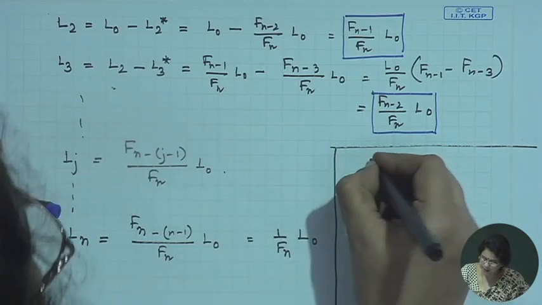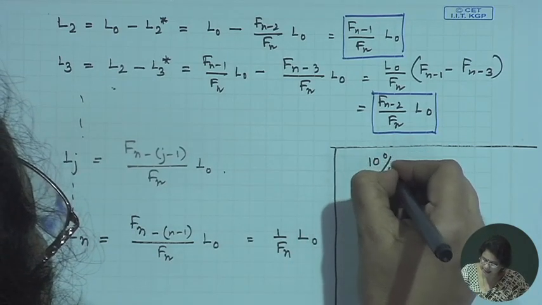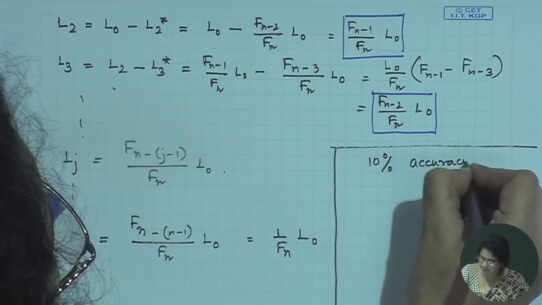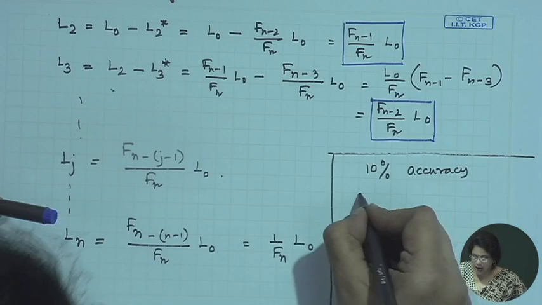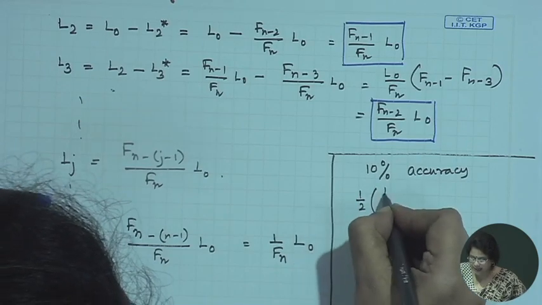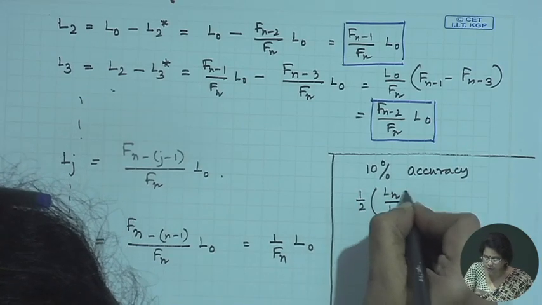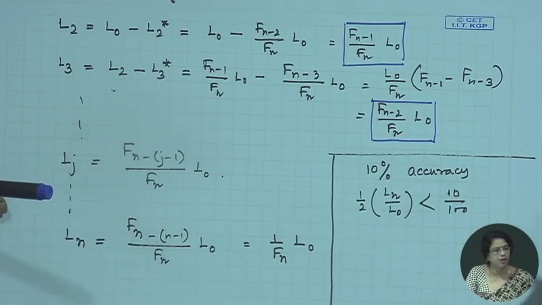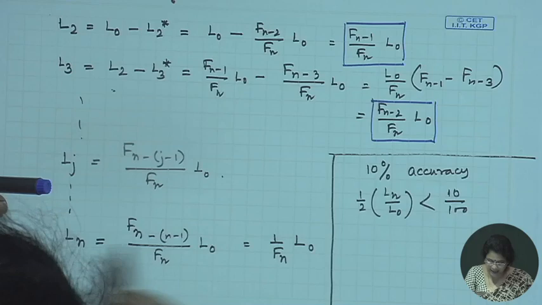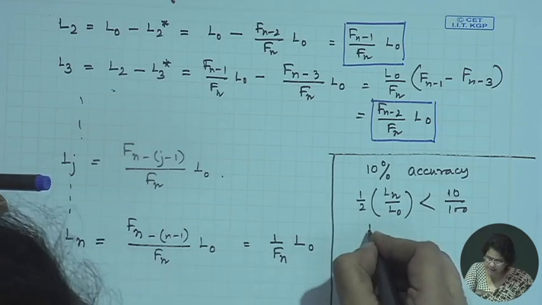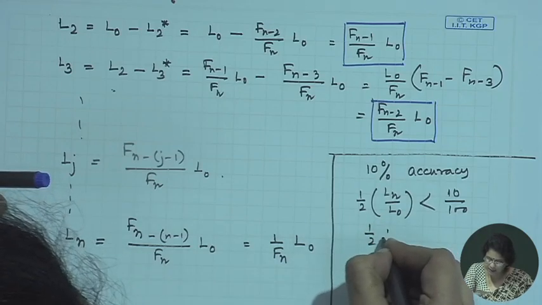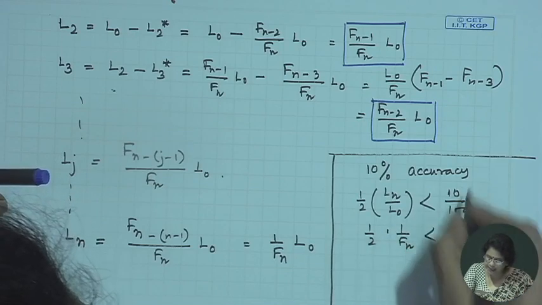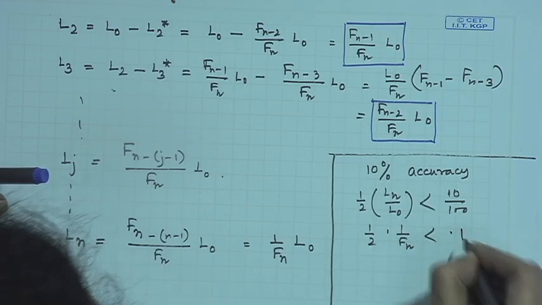Now, if I want 10% accuracy, then the half of the Ln by L0, as I did before, must be 10 by 100. Here, what is Ln by L0? This is equal to 1 by Fn, must be less than 0.1.